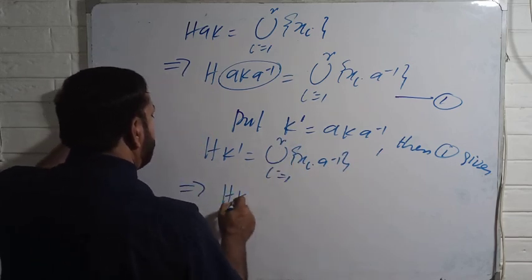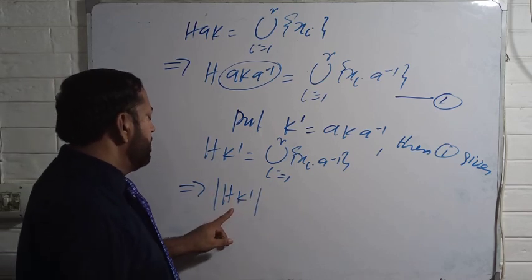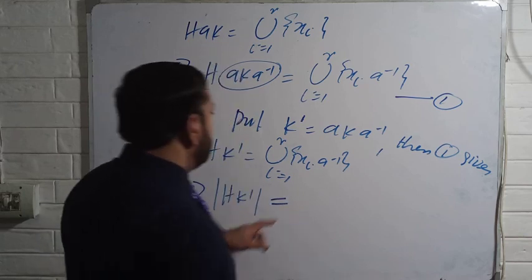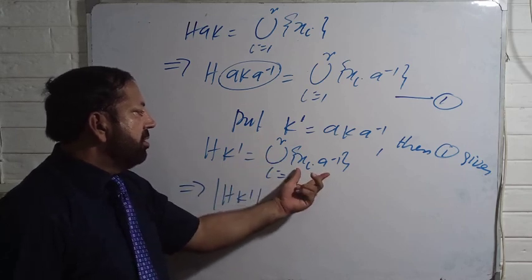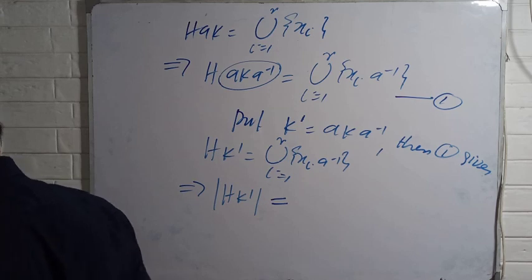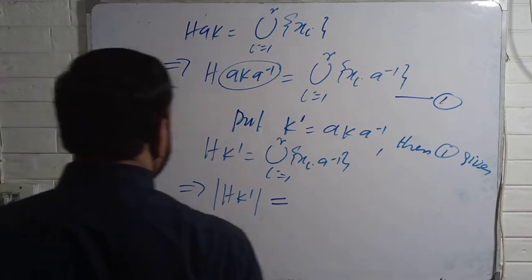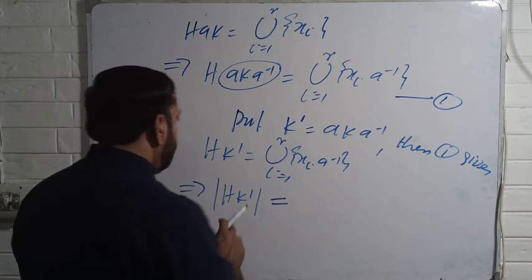So this implies the order of HK' is equal to, you know, these are the r elements. Then what are the elements of HK'?